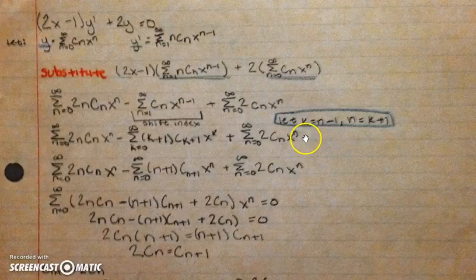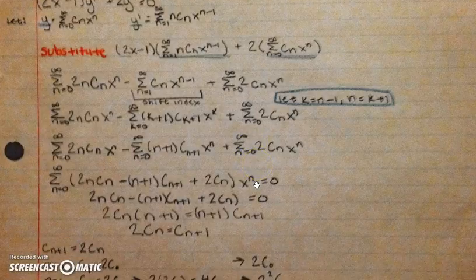Now that we have substituted our k in for our n, we can resubstitute our n again. So you end up getting the summation of n equals 0 to infinity of 2n c_n x^n minus the summation n equals 0 to infinity of (n+1) c_(n+1) x^n plus the summation n equals 0 to infinity of 2 c_n x^n.